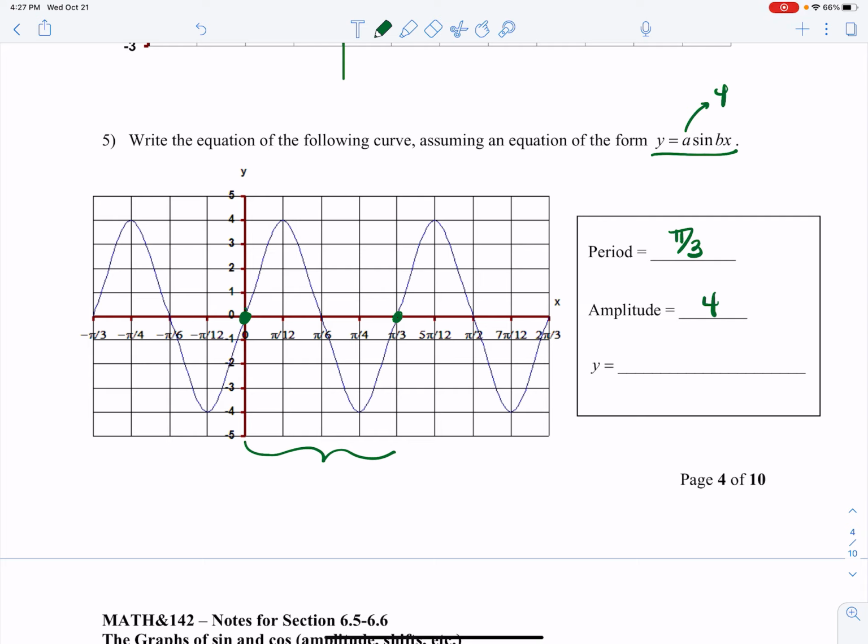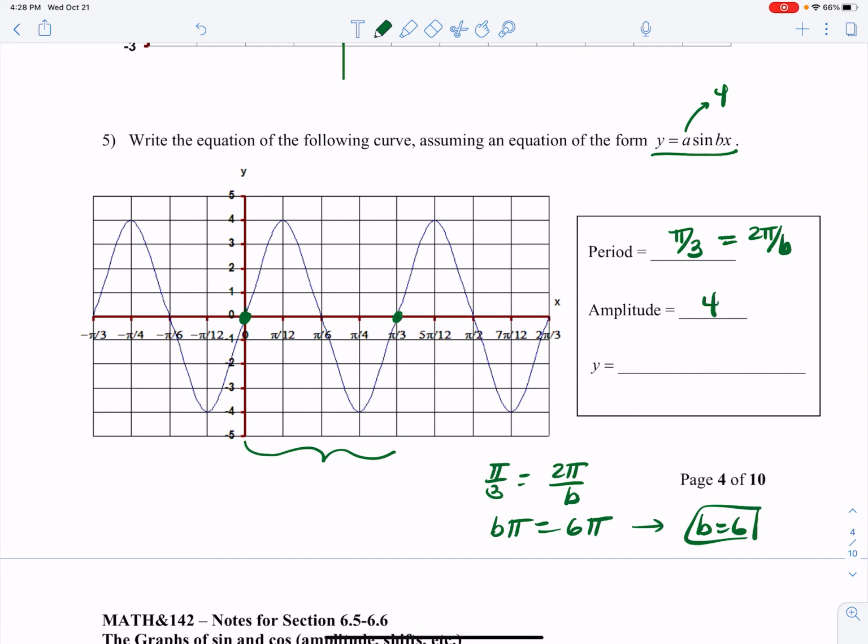We know the period is pi over 3, which is 2 pi over B. So if pi over 3 is equal to 2 pi over B, what is B? B pi equals 6 pi, so B is equal to 6.